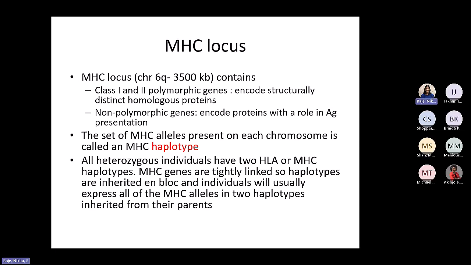The set of MHC alleles present on one chromosome is called an MHC haplotype. A haplotype is a set of alleles that are present on each chromosome. So if someone has, say, HLA-A2, B5, DR3 on one chromosome and a different set of alleles on the other one, we know that all individuals have two haplotypes.